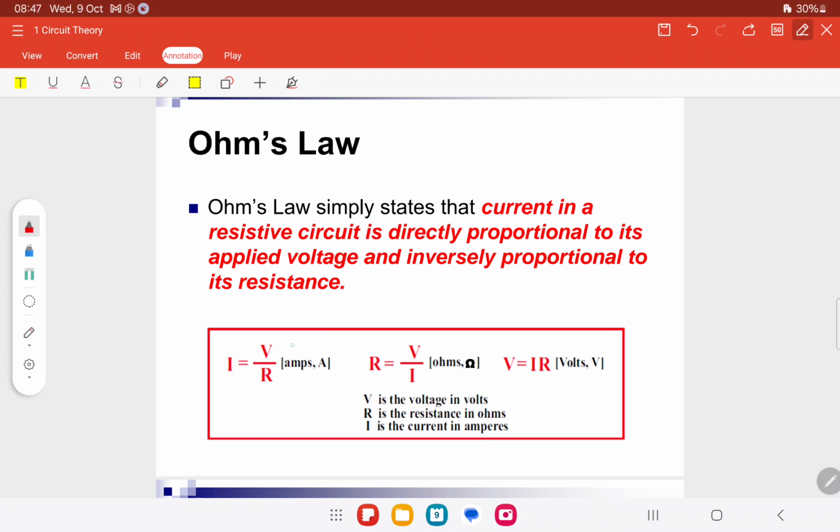V equals IR. Okay, but sometimes students are lazy to write the units. The units are just these: A, Ohms and V. When I am marking, if I deduct marks, that's your luck. Okay, but please write the units. Unit V, unit A. And sometimes for the ampere current, you can normally write milliampere, microampere, nanoampere. So you can write roughly like that.